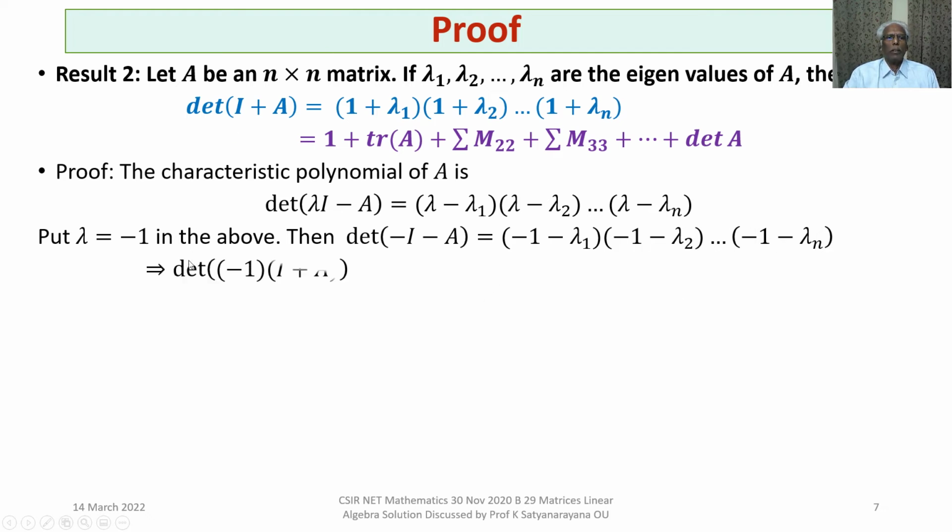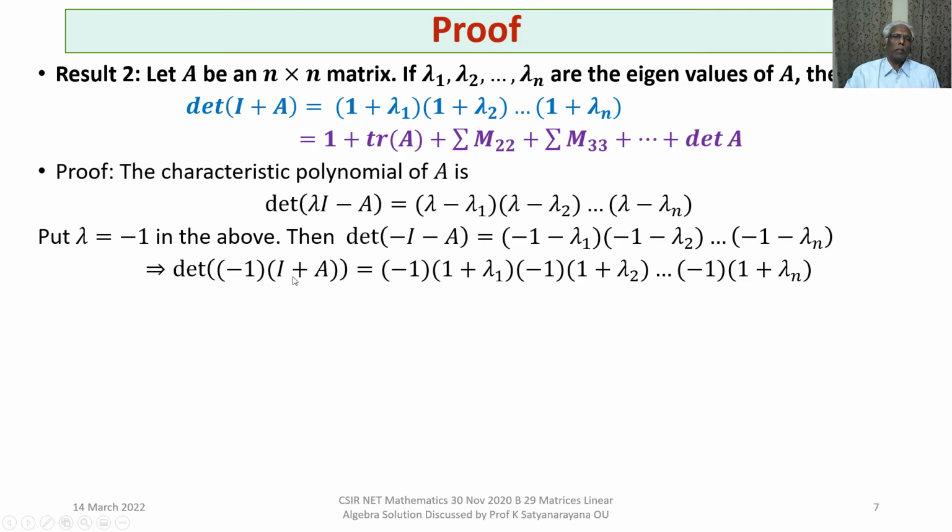So this will be the determinant of minus 1 times (I plus A), equal to minus 1 times (1 plus lambda 1), minus 1 times (1 plus lambda 2), etc., minus 1 times (1 plus lambda n). Now let this minus 1 come out of the determinant.